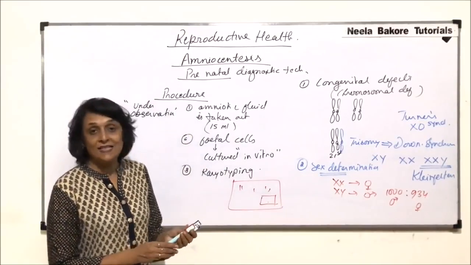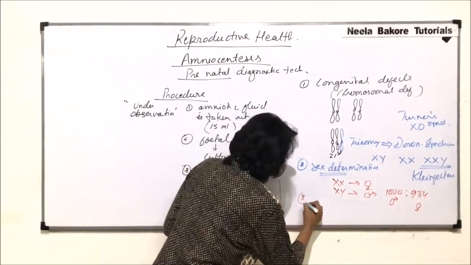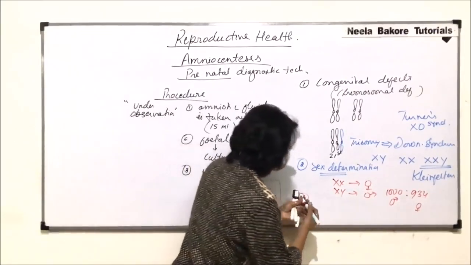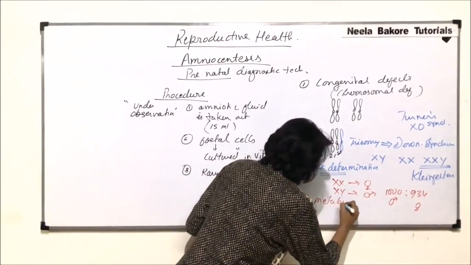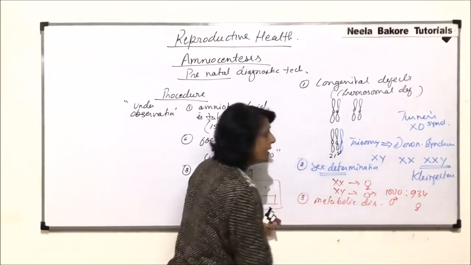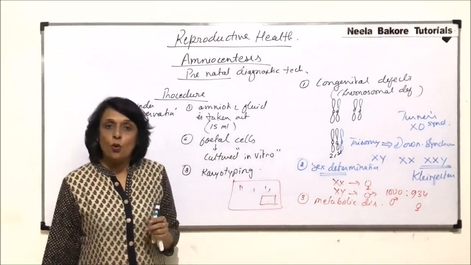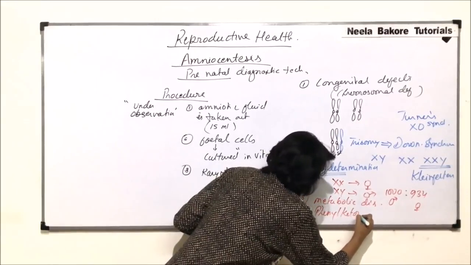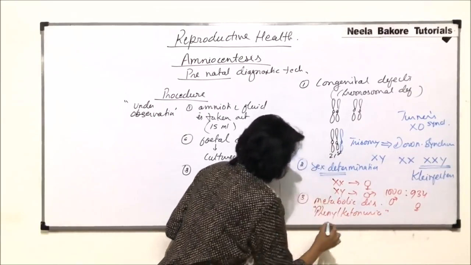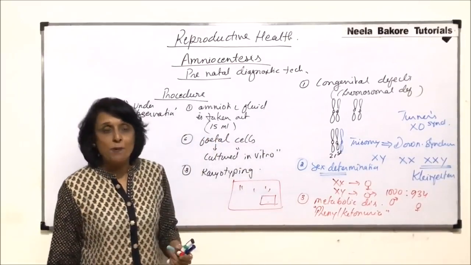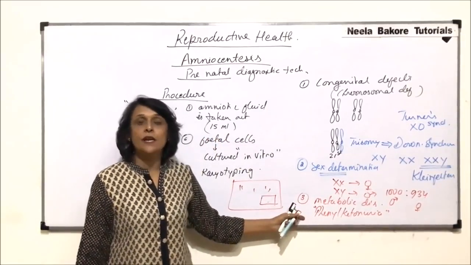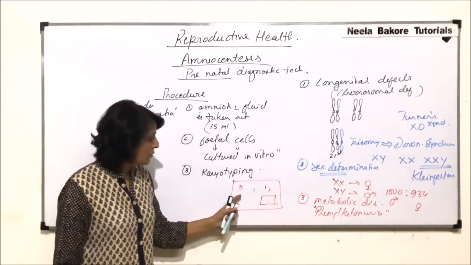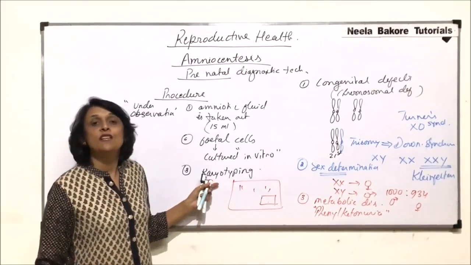Another thing which can be detected are some metabolic disorders, like certain enzyme related disorders. One such example is phenylketonuria, in which one enzyme is not produced properly, and that can also be detected by analysis of the chromosomes taken from these fetal cells.